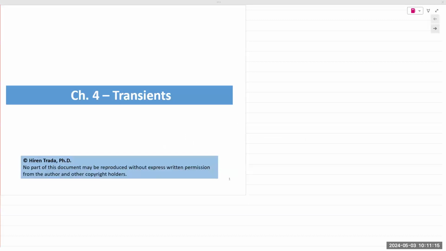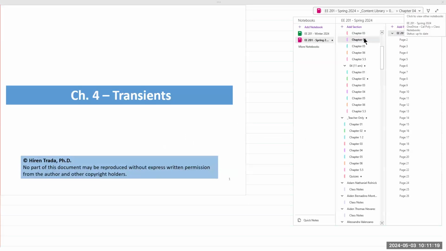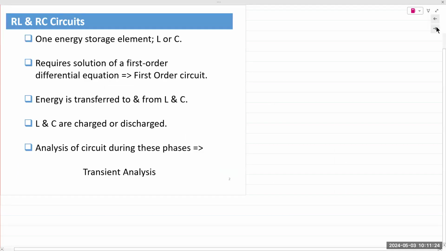Now, this chapter is known as transients, and I will explain that in just a couple of slides. Okay, so inductors and capacitors are energy storage devices, right? The energy transfer back and forth into the inductor or capacitor cannot take place in an instant. That transfer requires a certain amount of time.